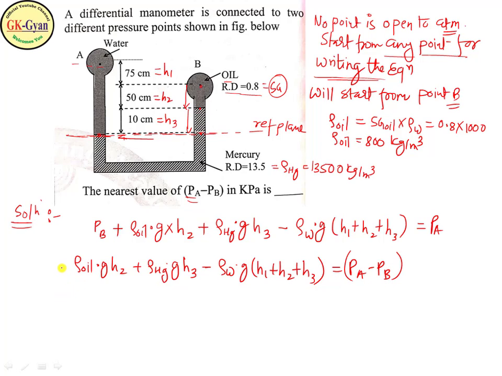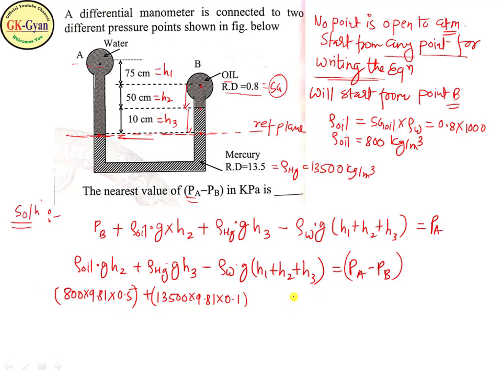Now put the values here directly. The density of oil is 800 into 9.81. h2 is 50 centimeter, so convert into meter, 0.5, plus the density of Hg, 13500 into 9.81. h3 is 10 centimeter, so multiply by 0.1.